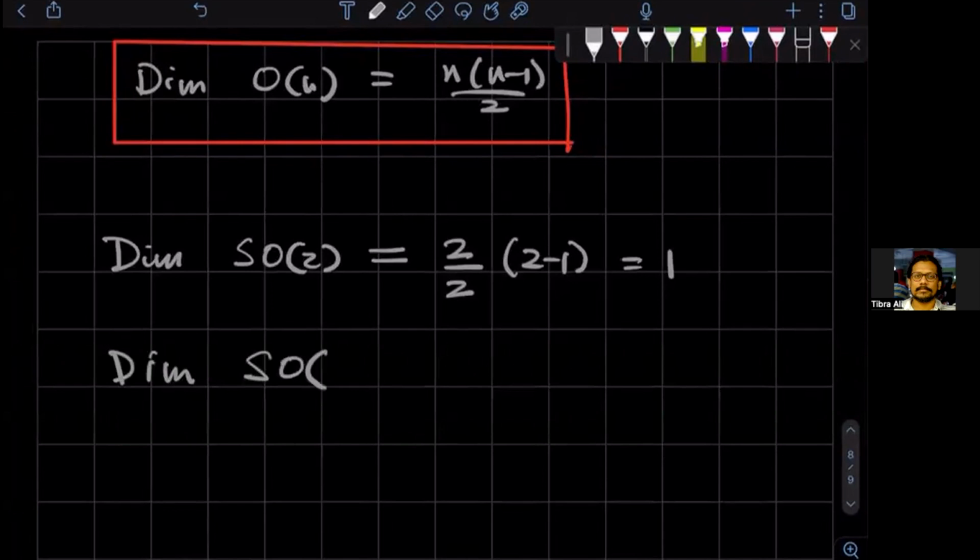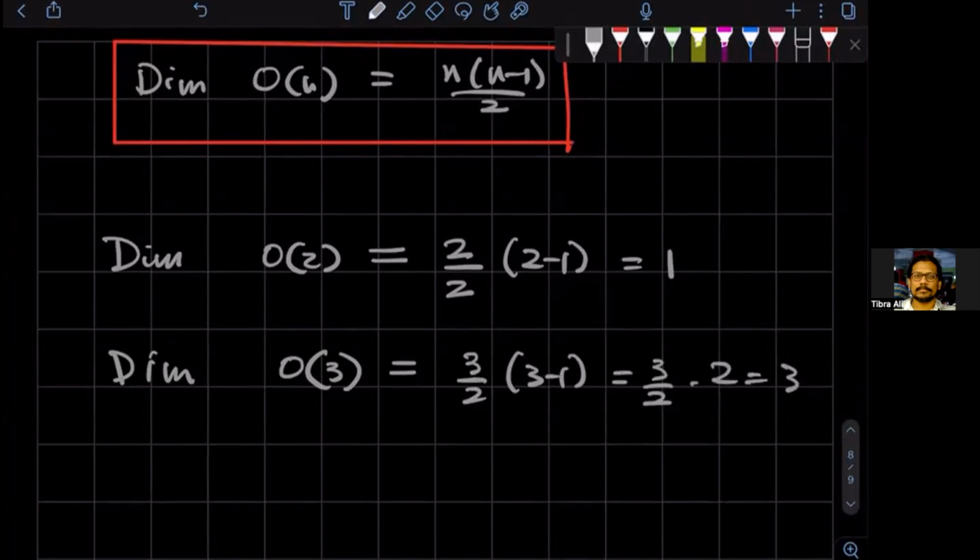So the dimension of SO(3), the group of rotations in 3 dimensions, we don't have to say SO, we can just write O(3). Then it's going to be 3 times 3 minus 1 divided by 2, which is 3.